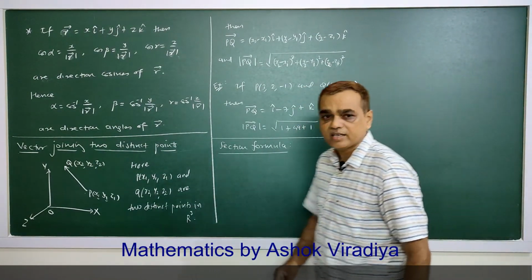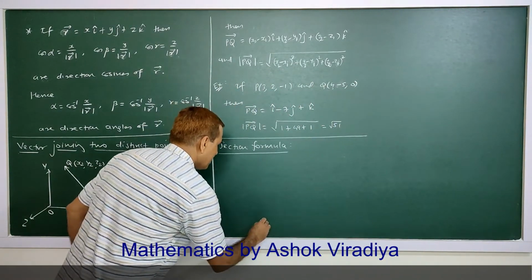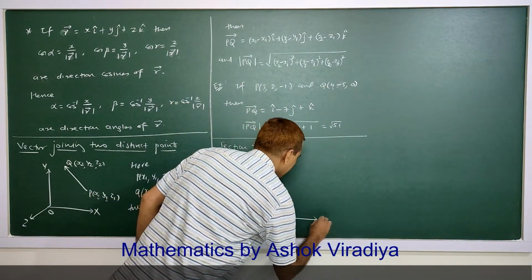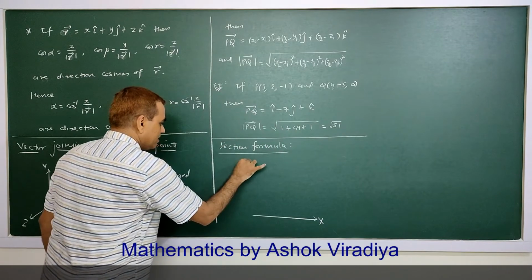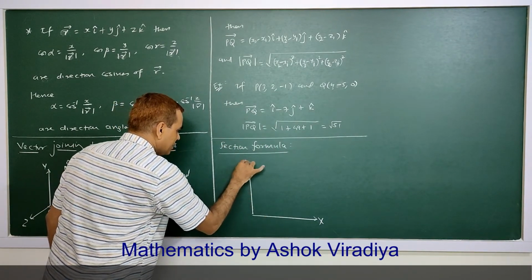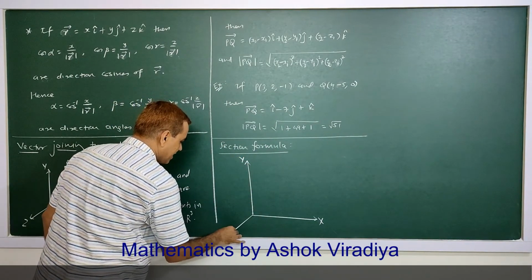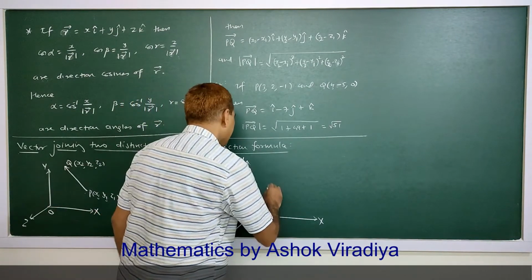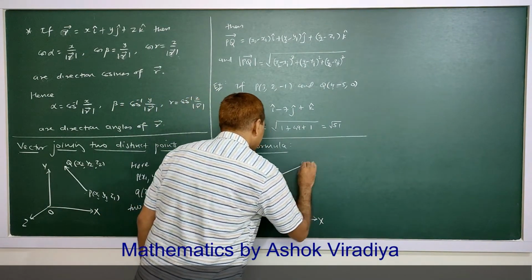Suppose in a space here, this is x-axis, this is y-axis, this is z-axis. Here I am taking a line segment AB.